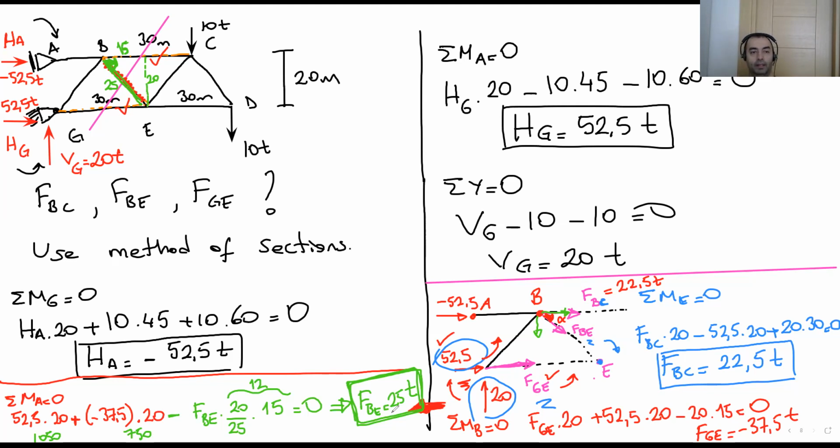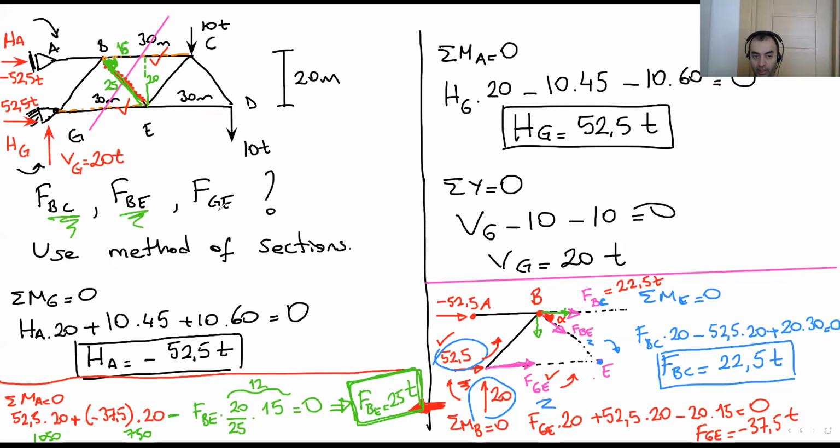Here, what is the difference of this question from the previous one? In the question, I'm not looking for all the forces in the truss system. I'm just looking for three forces according to the question. What are they?